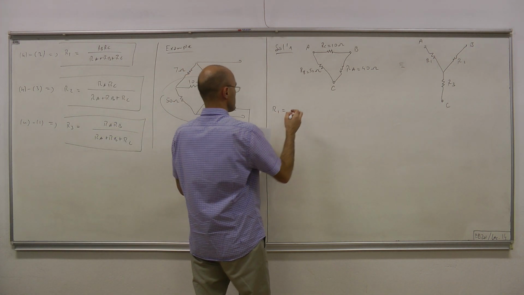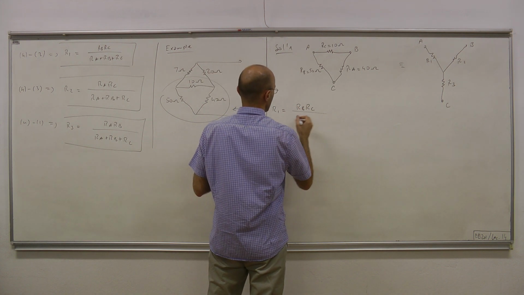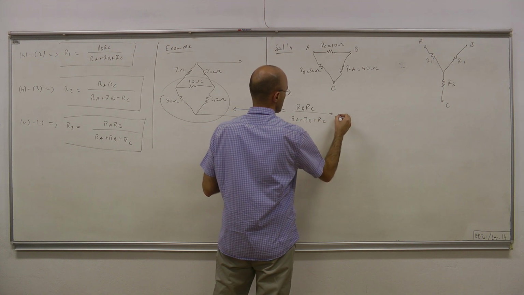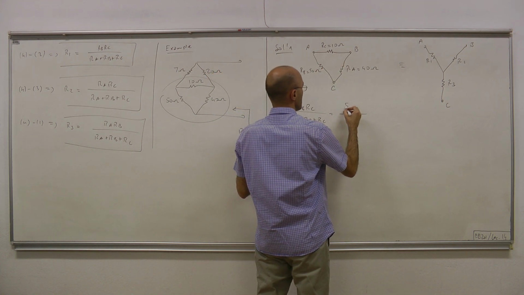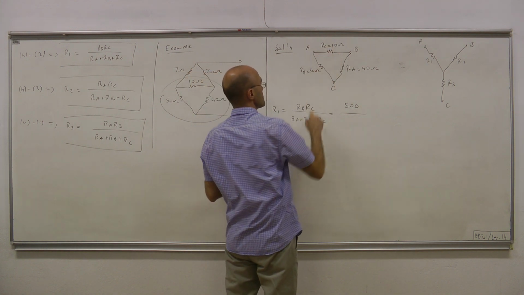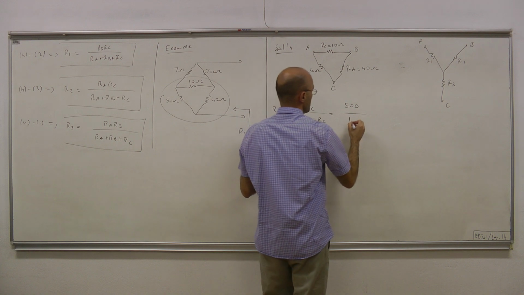R1 equals RB times RC over RA plus RB plus RC. RB times RC gives us 500, 50 times 10. RA plus RB plus RC gives us 50, 40, 10, 100.